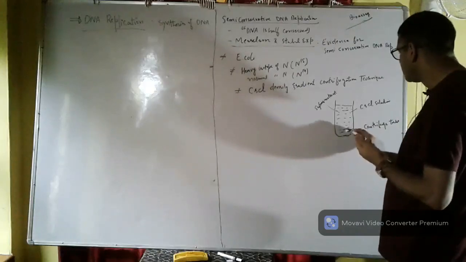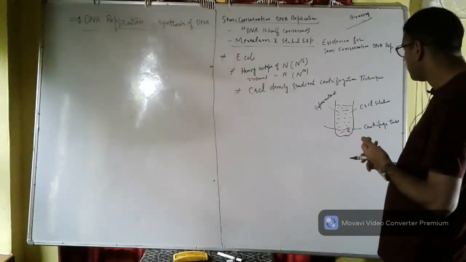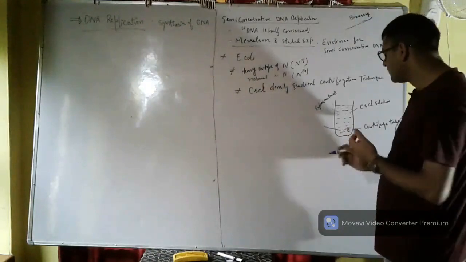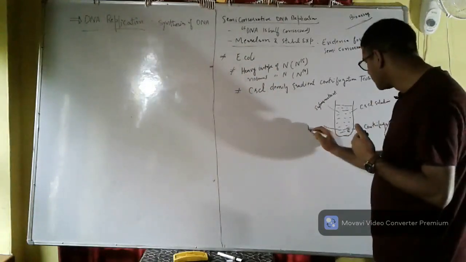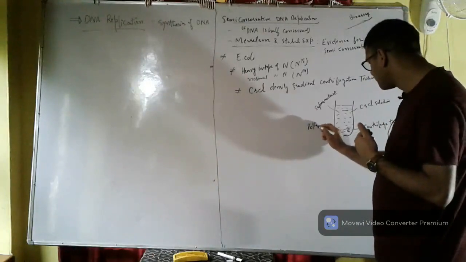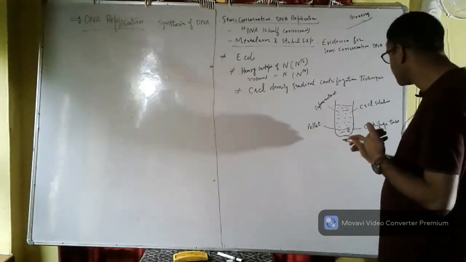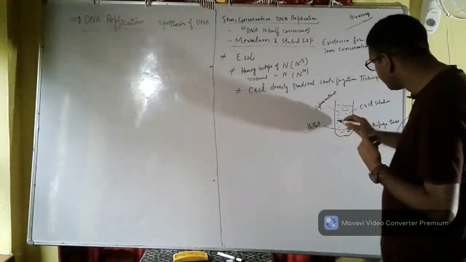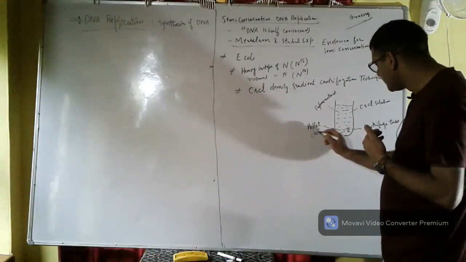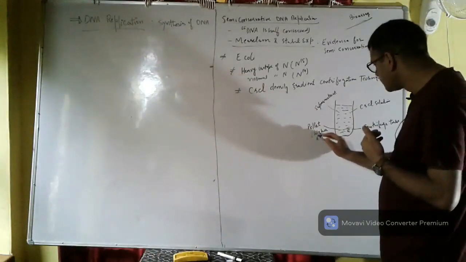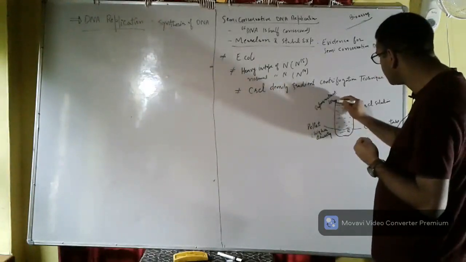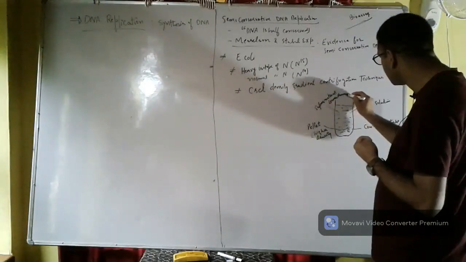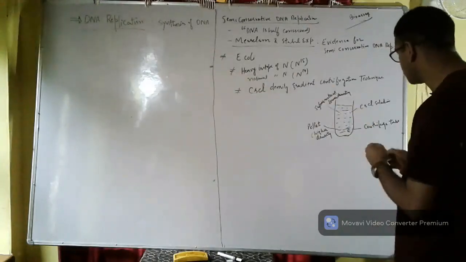the cesium chloride solution which has higher density. It is called the pellet. So we can say that it has higher density here and lower density there.